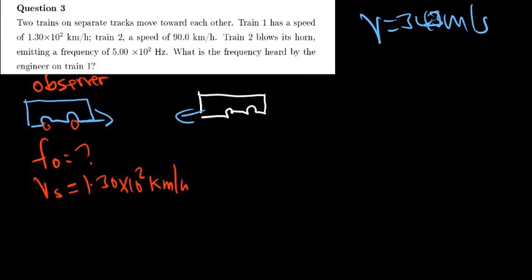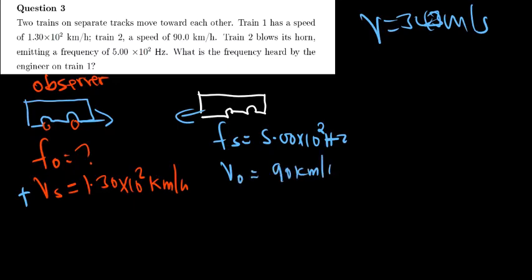So if they are moving toward each other, this is going to be positive. Then the frequency of the source is going to be 5.00 times 10 raised to the power 2 hertz. But the velocity of the source is 90 kilometers per hour. Since they are moving toward each other, this has to be negative.